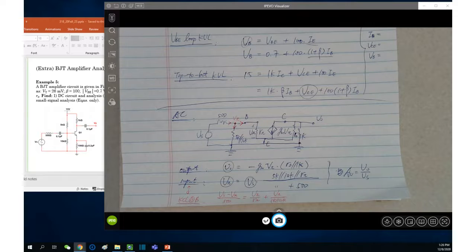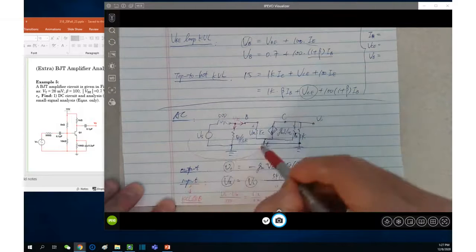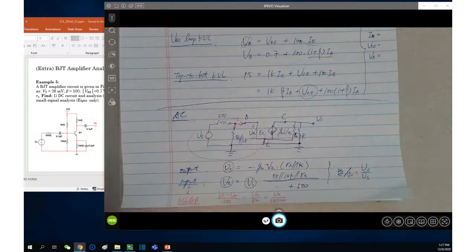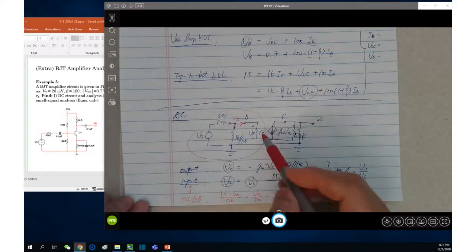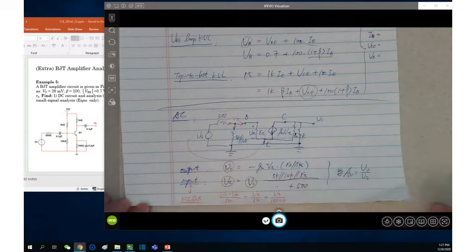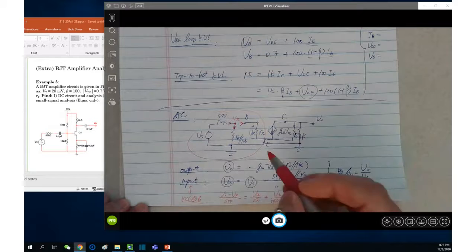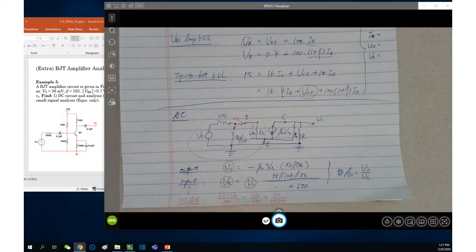But be careful, why are we able to apply the voltage divider? Because the emitter is directly ground. So you can consider this part is basically isolated. Well, not isolated, of course, but what I mean is this is an independent loop. The voltage divider works. If you have RE here, obviously you can't do the voltage divider.